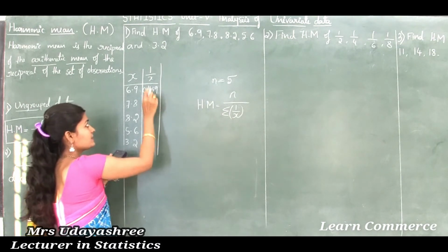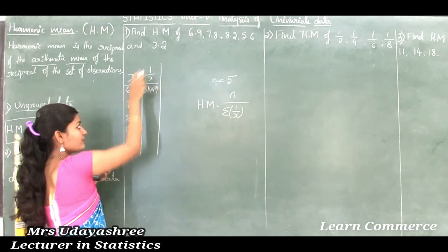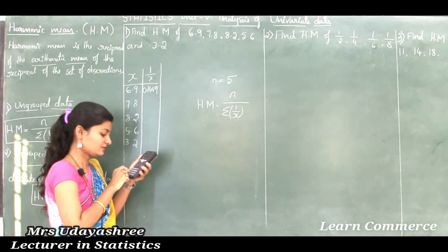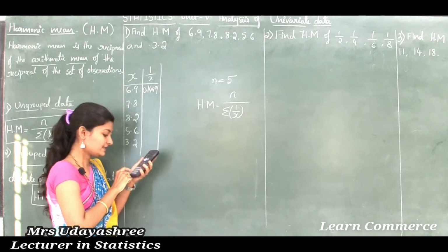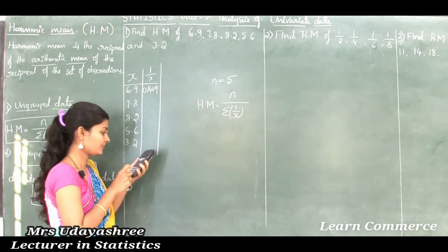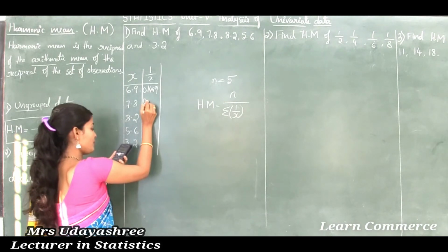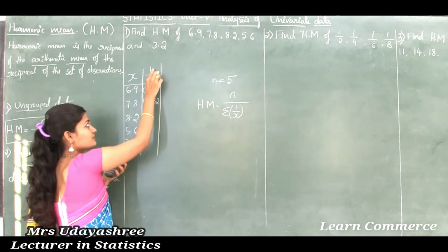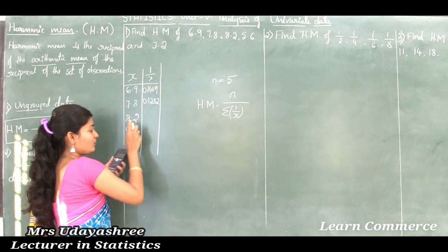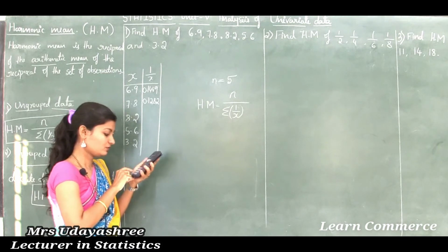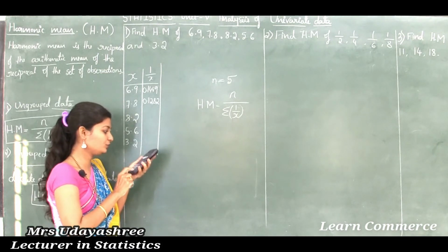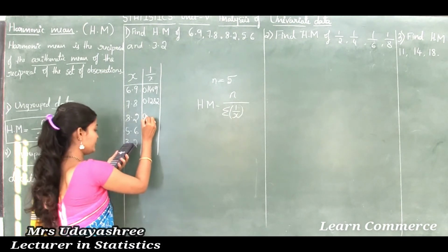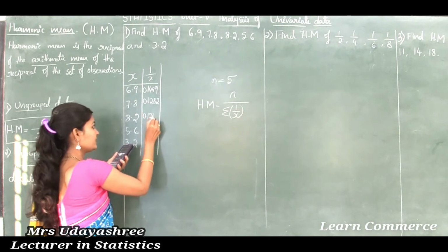So 1 by 6.9 is 0.1449. Next, 1 divided by 7.8 is 0.1282. Next, 1 divided by 8.2 is 0.1219.